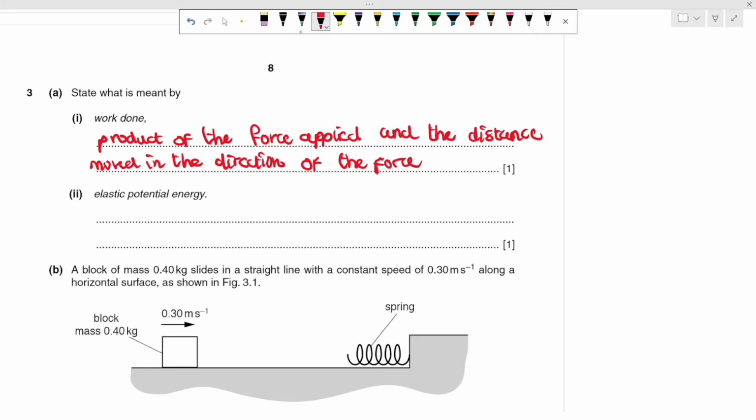Elastic potential energy, this is the energy stored.